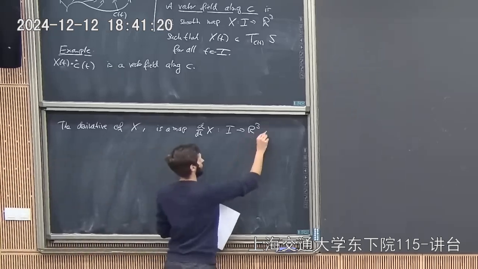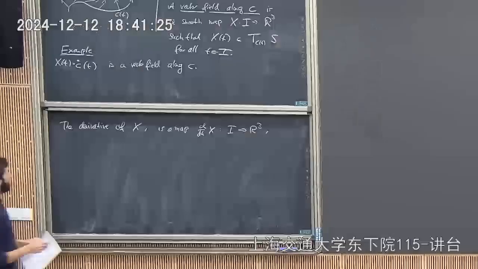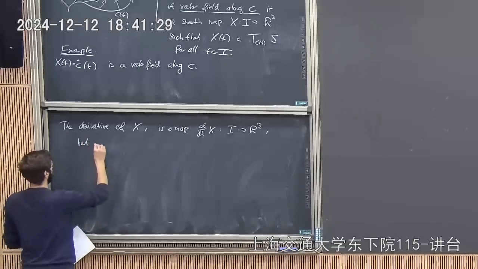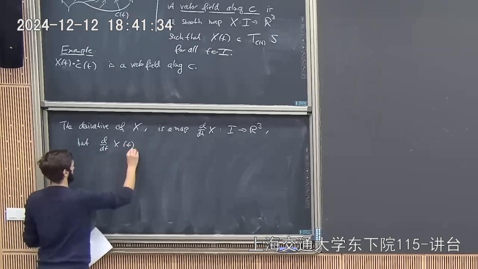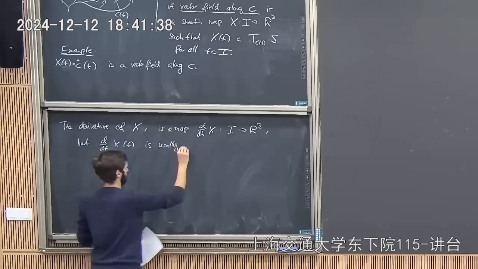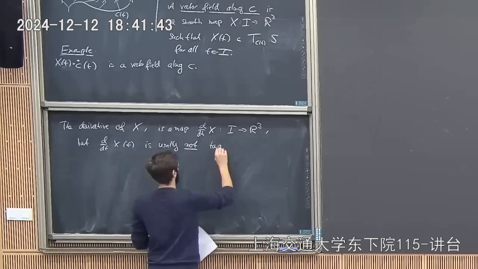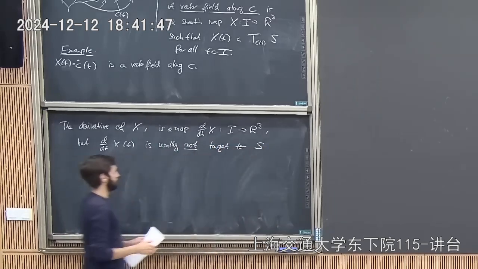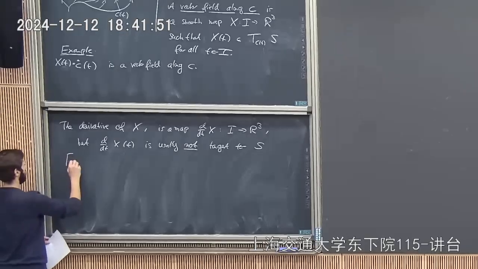But this vector here is usually not tangent again. So d/dt of x of t is usually not tangent to the surface.